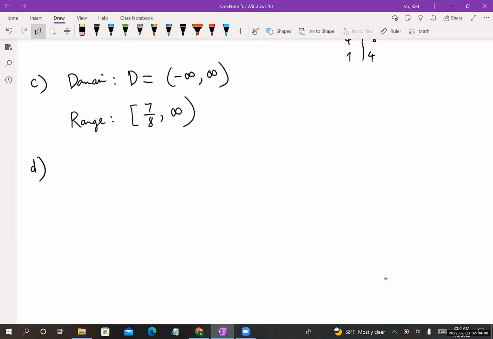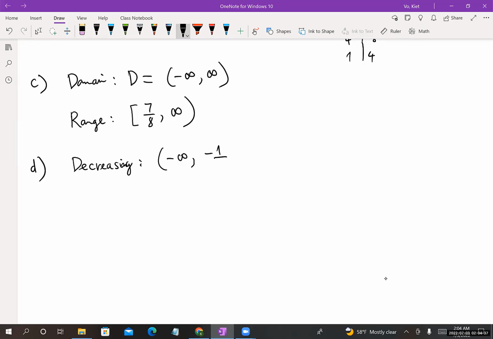Okay, so we would have this is decreasing on the interval from negative infinity to 7/8, sorry, negative 1/4. So when we're talking about the interval where the function is increasing or decreasing, this is on the x.